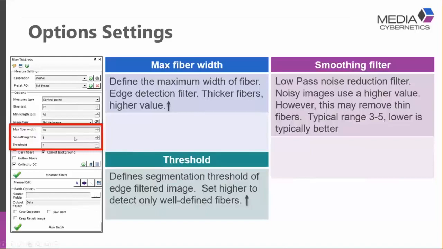A couple of important points here, and I'll show some adjustment during the live demo, is this group of options here: maximum fiber width, smoothing, and threshold. What this is doing is setting a threshold or setting a limit about the maximum width of that fiber. You have thicker fibers, you want to have a higher value.